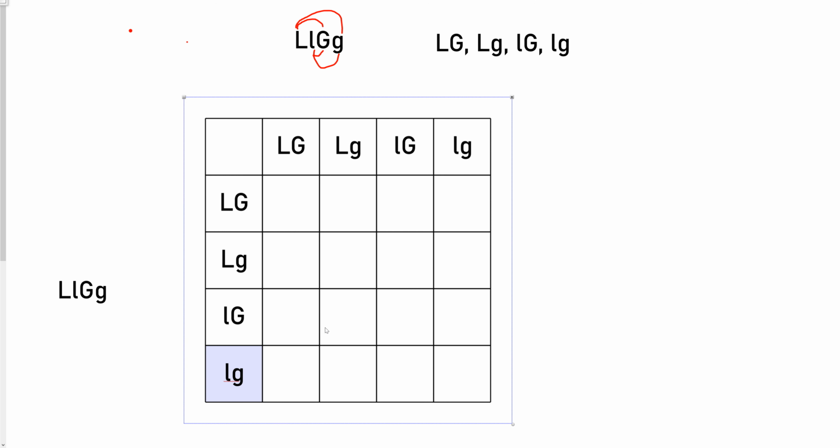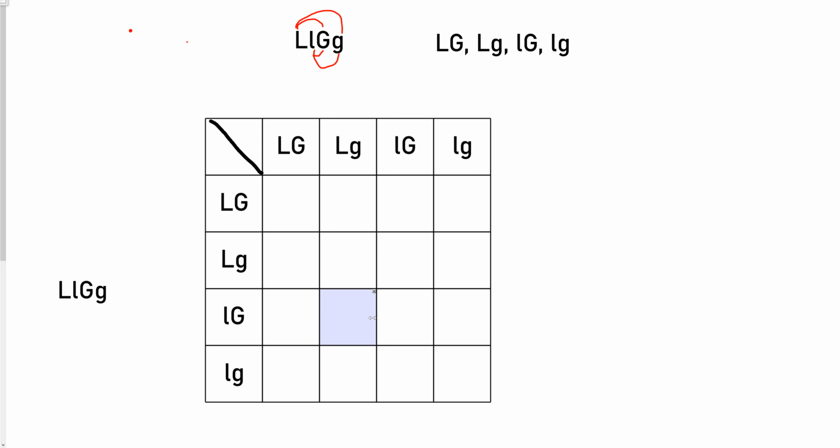Now we're going to populate our Punnett square. Since I'm writing this on a computer, I can move the letters around as I see fit. The general way that has been agreed upon by scientists is if you have a dominant allele, you write it first.